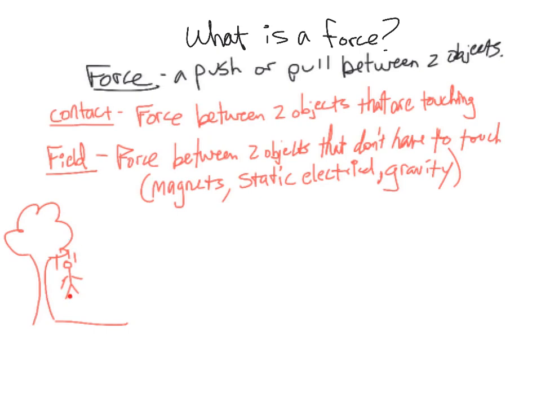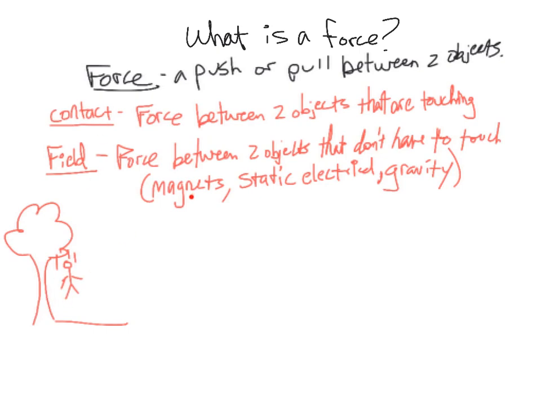Pretty soon after you fall, you're going to hit the earth, and when you make contact, the earth will exert a contact force on you to stop your motion. So the earth can do both: it can exert a gravity force on you whether you're touching it or not, and it can also exert a contact force when you are touching the earth.